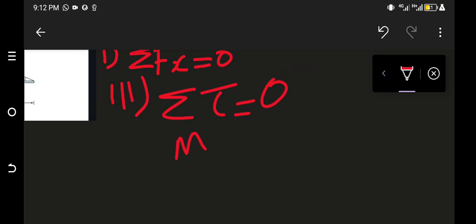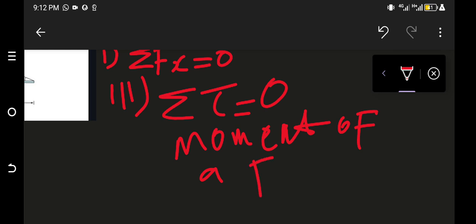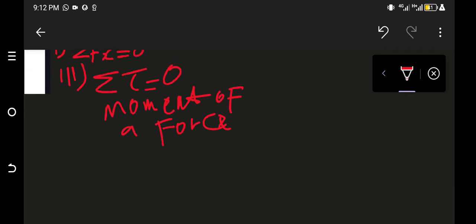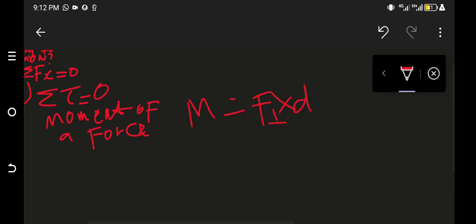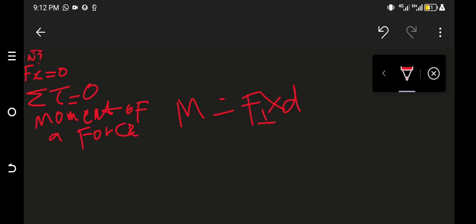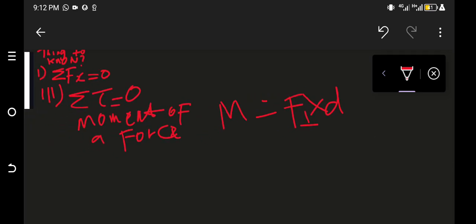Torque is the moment of a force, and the formula for moment is force times the perpendicular distance. Okay, so we know this. Now we can dive into the question.